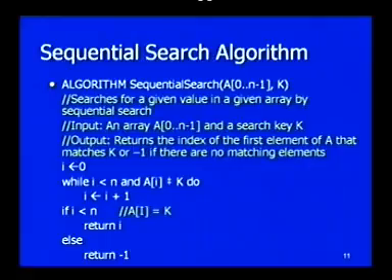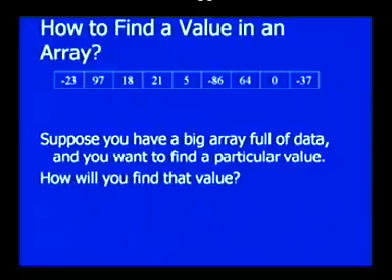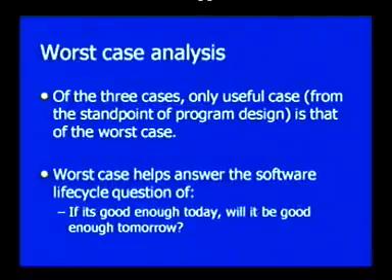Otherwise, if the end of the array is reached, then we return -1 as the indicator that the item is not present. So, this is linear search. You can see very well you have an array, and I want to find a particular value.